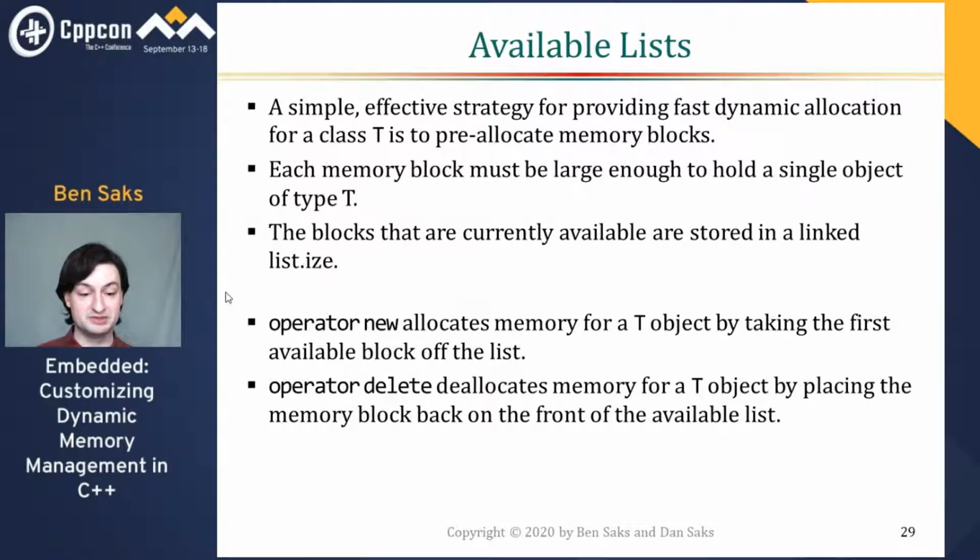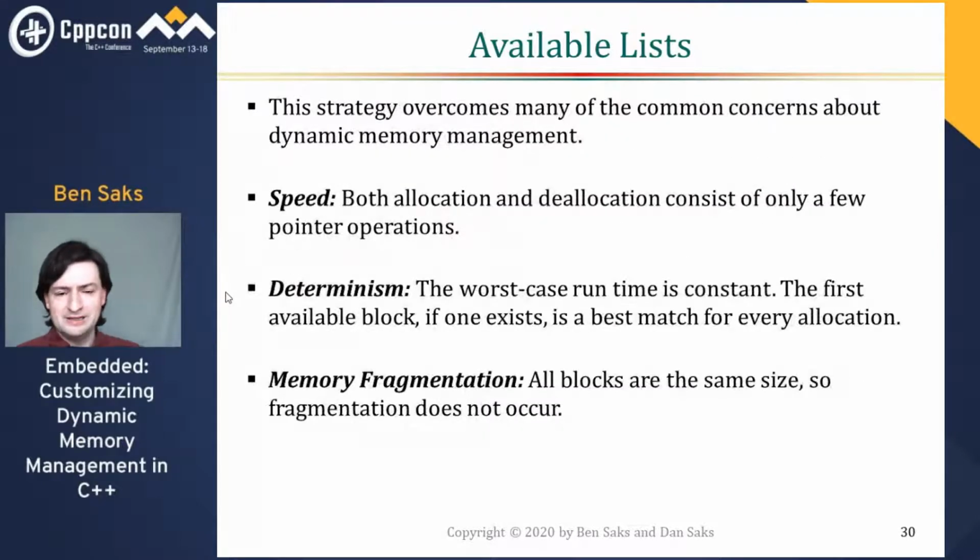And now it's again free for use by any other T object that needs to allocate memory. So the way that this works, it actually solves a lot of the problems that I talked about earlier with the general dynamic memory management. It winds up being fast because allocation and deallocation are basically linked list operations.